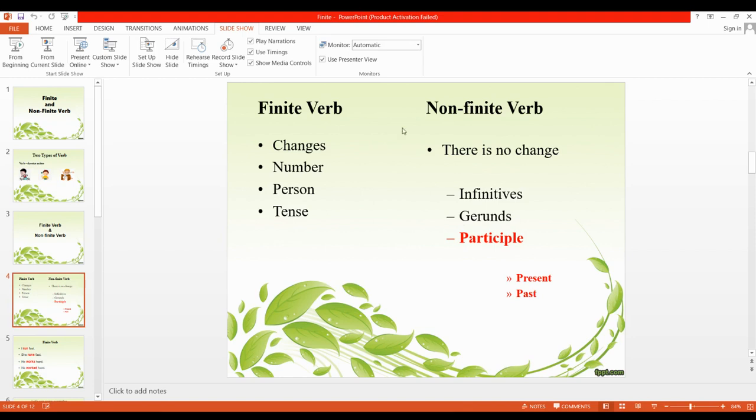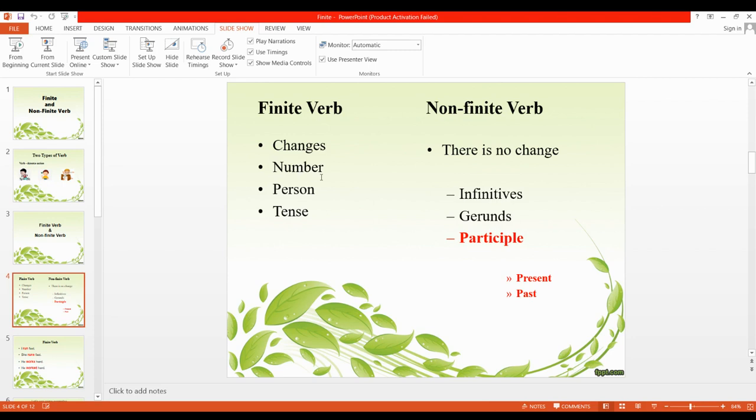So let's see what is finite verb. Finite verb means the verb is changing. Let's say an example: He writes a letter. Because of he, that is third person singular, we are adding verb plus s. So verb is changing. So writes is a finite verb. For example, I write. So I write means there is no need to add s in the verb, right?